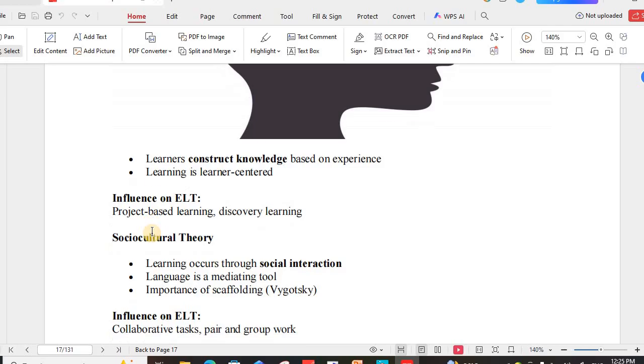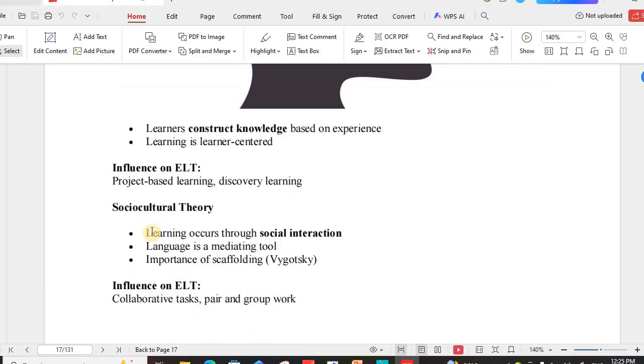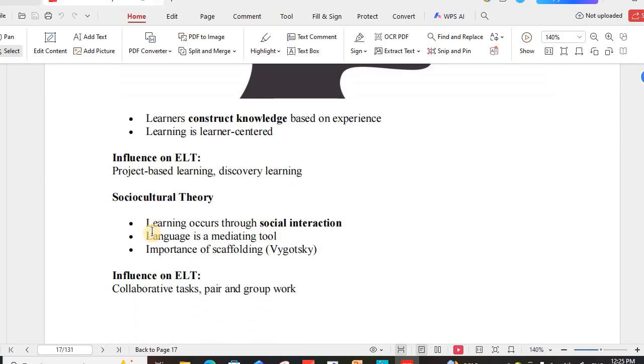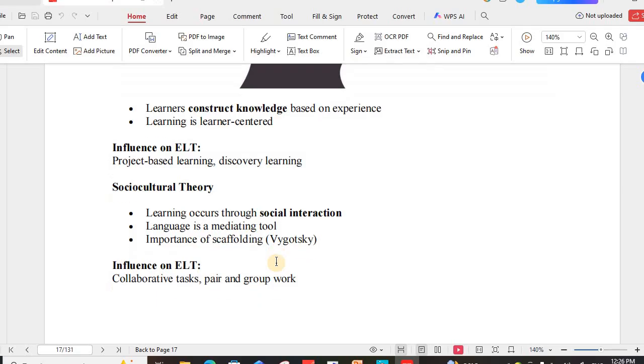But we have socio-cultural theory, which has to do with the interaction between the learning process and society, or social interaction. Language is a mediating tool, just like a tool that helps learners to learn. The importance of scaffolding, which Vygotsky, one of the psychologists, suggests is important.